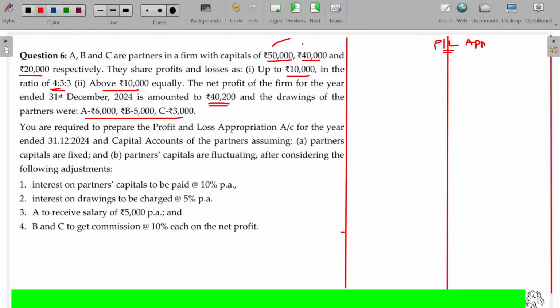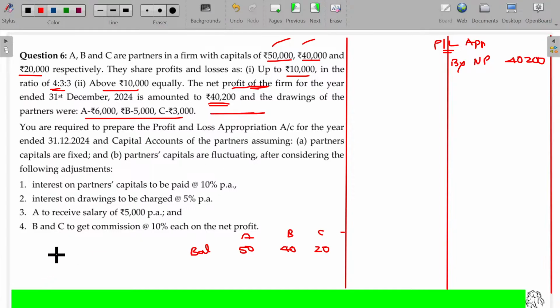Their capital being 50, 40, 20 respectively: $50,000, $40,000 and $20,000 for A, B, C. The net profit of the firm is 40,200.